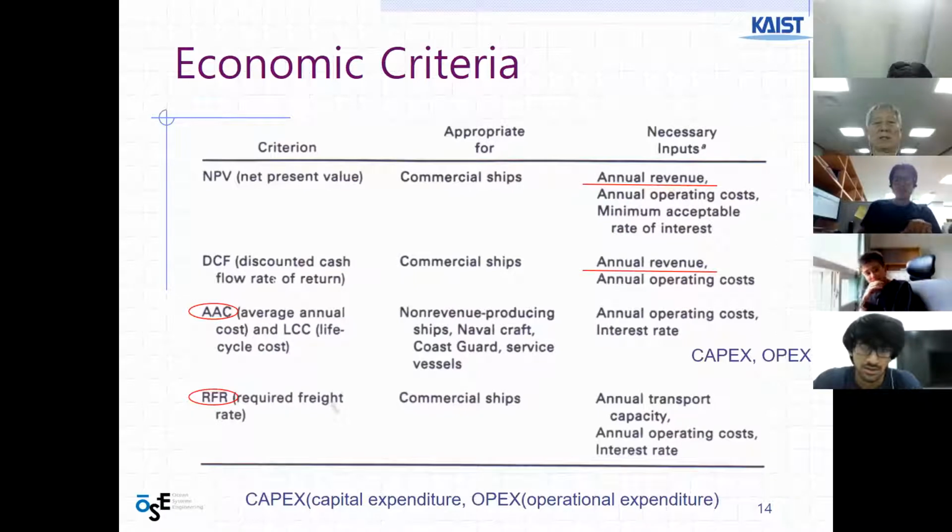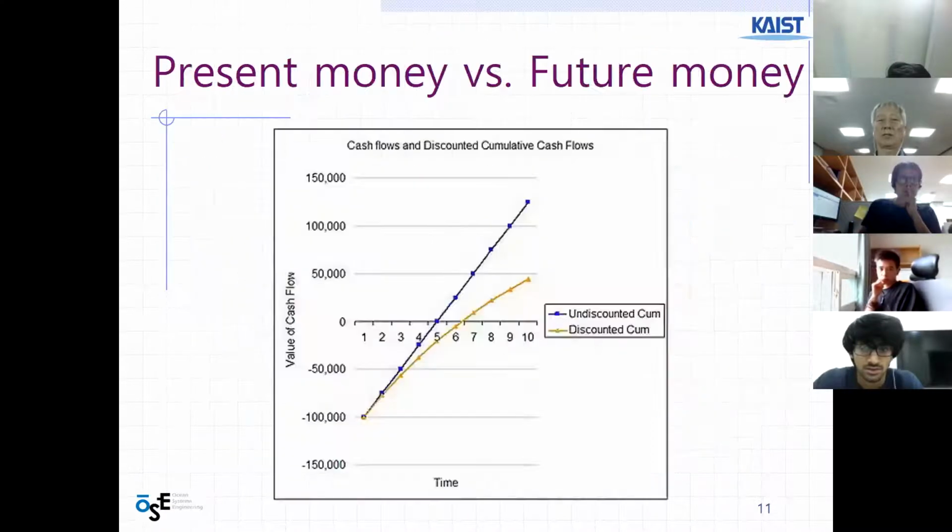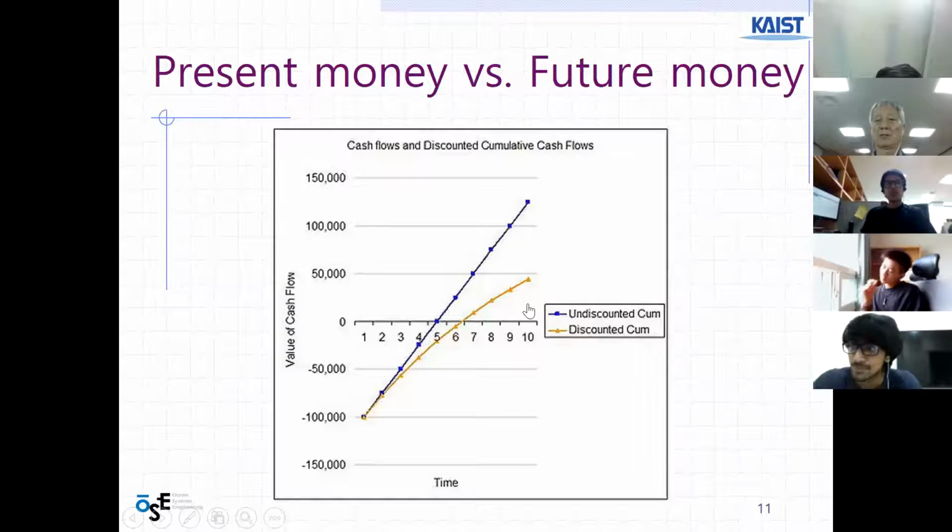So the top one is easy to understand, net present value. If you think about this kind of business, say you are operating a ship or a truck, after 10 years you see a profit amount of 50,000, right?